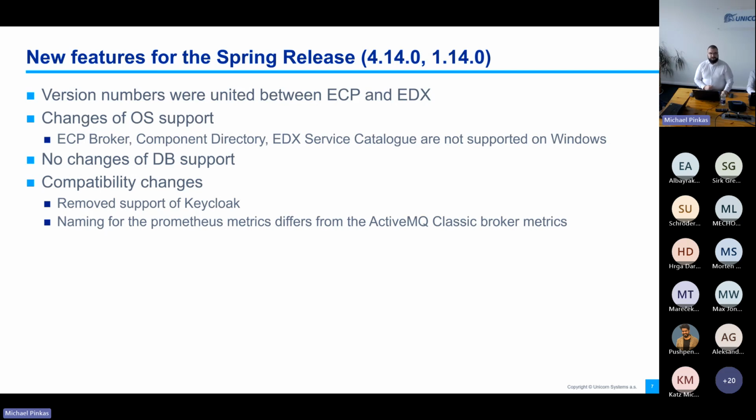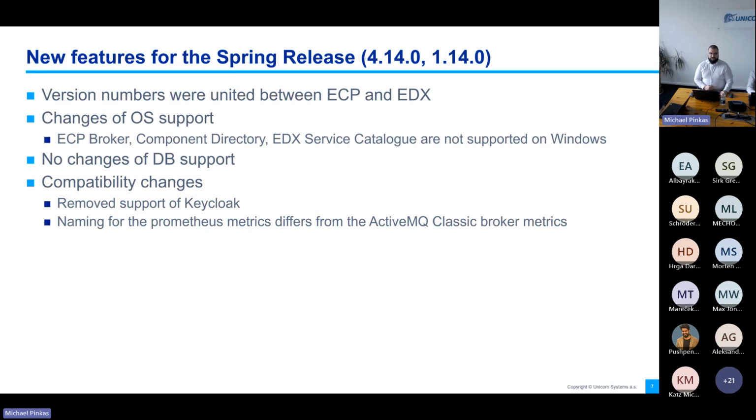As for changes of operating system support, the operating system versions are still the same. However, the central components, namely the ECP broker, component directory and EDX service catalog, are not supported on Windows anymore. There were no database support changes. The database versions remain the same, but there are some compatibility changes. Namely, the support of Keycloak authentication was removed.